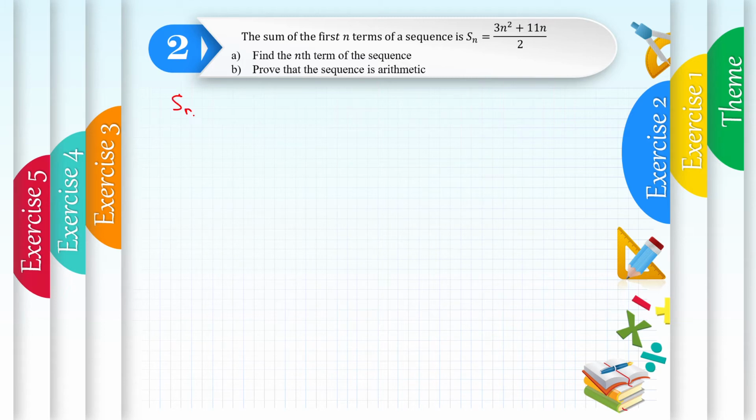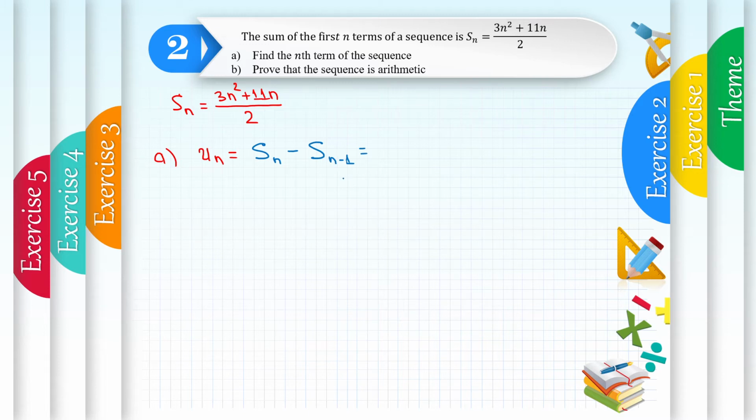We have this S sub n equal to 3n squared plus 11n, all divided by 2. So, to find the formula for the nth term, this means to find u sub n, having the formula for the sum of the first n terms, we need to remember that u sub n is equal to S sub n minus S sub n minus 1.